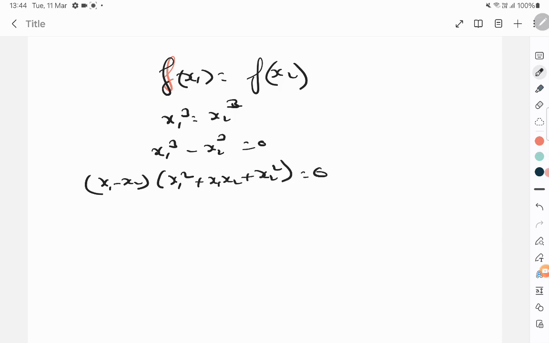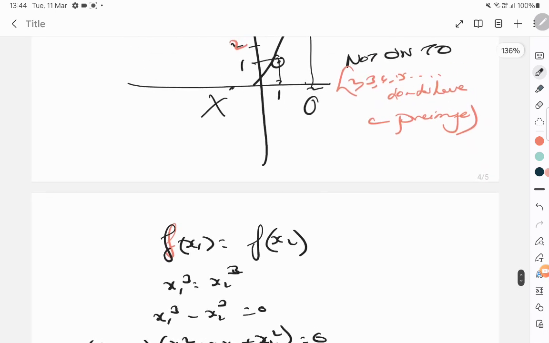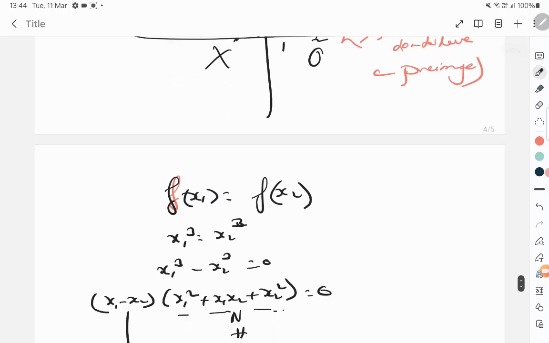You know this formula? These are natural numbers, and the sum of natural numbers will never be equal to 0, and therefore a minus b becomes equal to 0, and that shows that x1 is equal to x2. For onto, it is not onto, so that example is good enough when it is not onto.